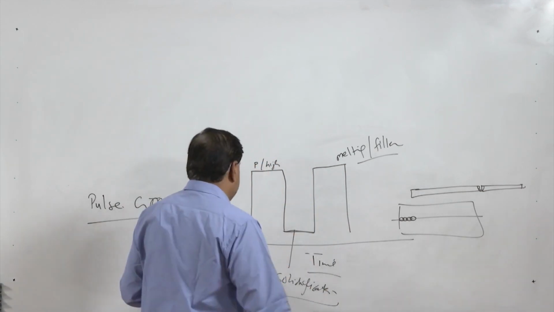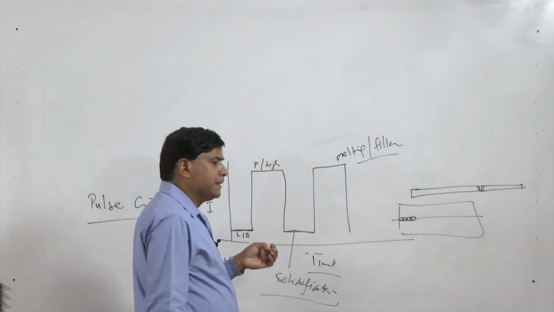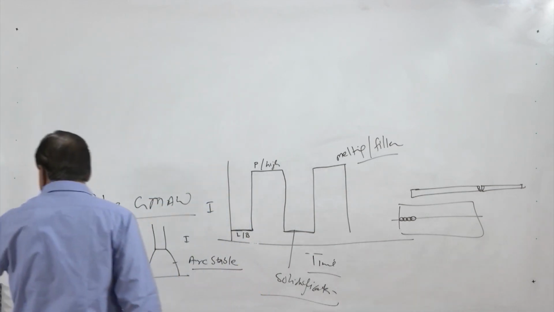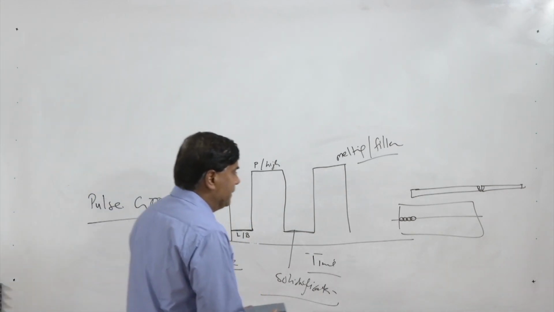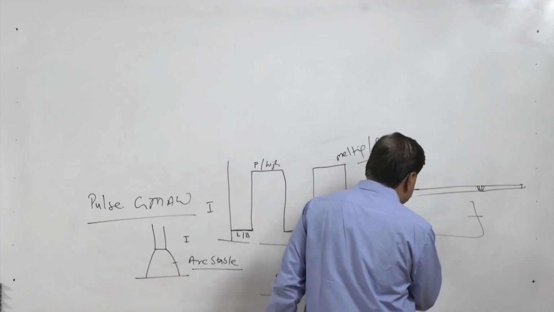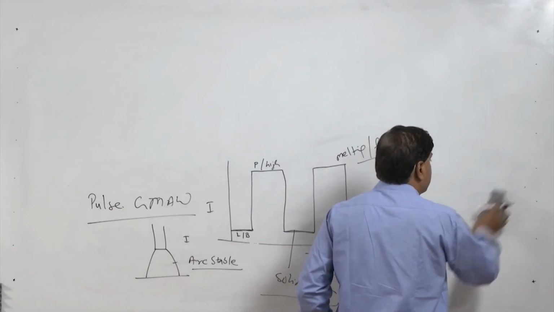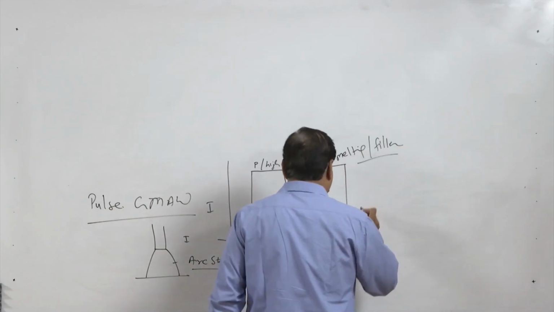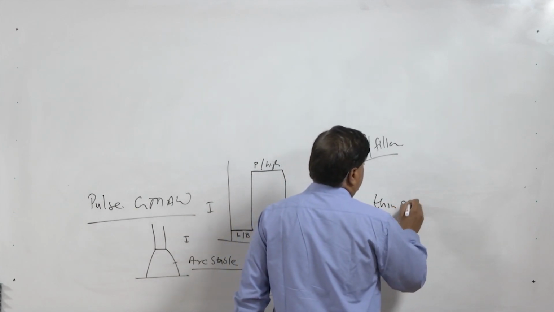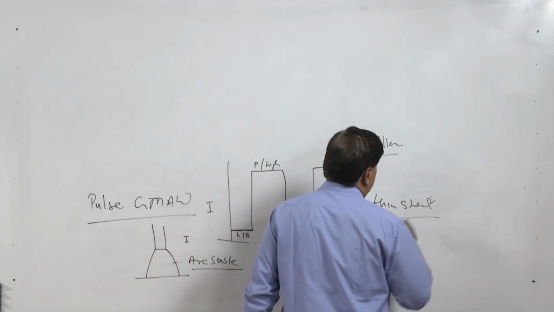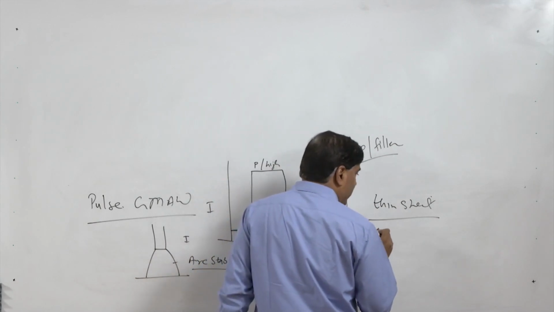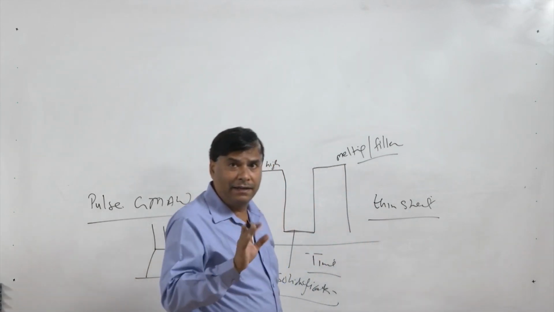In the meantime, we expect that the solidification of the pool will proceed. So this is especially useful in two cases: when very thin sheets are to be welded, or when a very heat sensitive metal is to be welded.